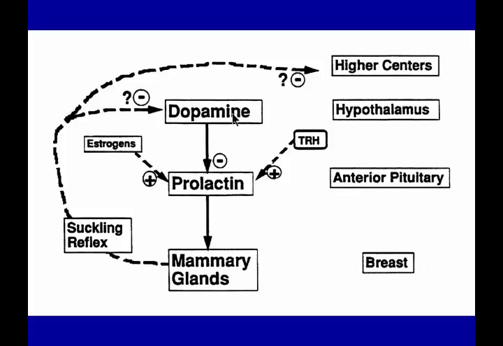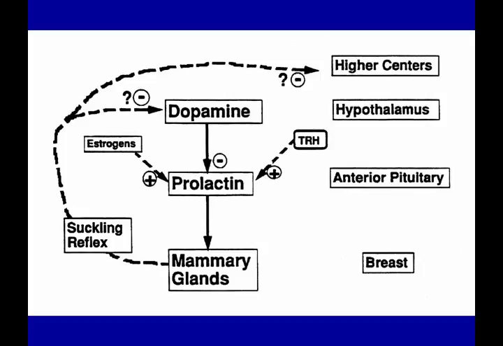So now, remember we've talked about dopamine as being the main regulator of prolactin secretion as a negative feedback system. Prolactin's main act is required for lactation. It does not cause gynecomastia.